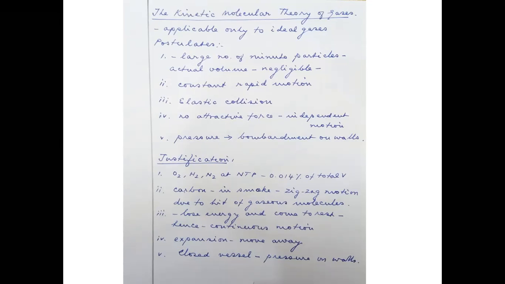The second postulate: the gas particles are in a constant rapid motion. They are always moving here and there. No particle is at rest. A random and constant motion is observed.